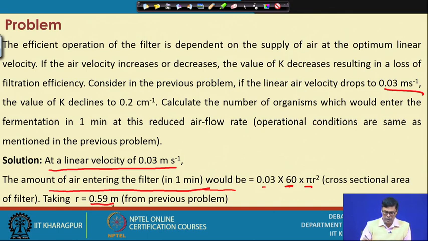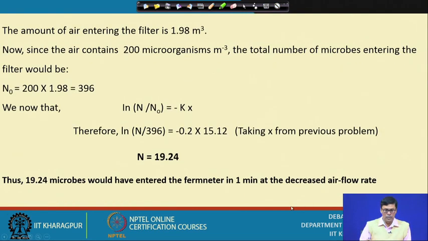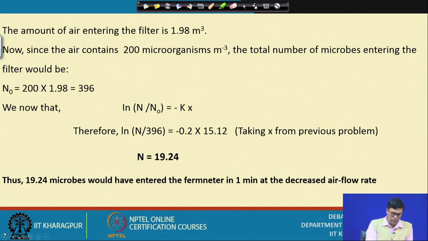So, you can easily find out how much organism is entering the system. Then the amount of air entering the filter, we find out, is 1.98 cubic meter.